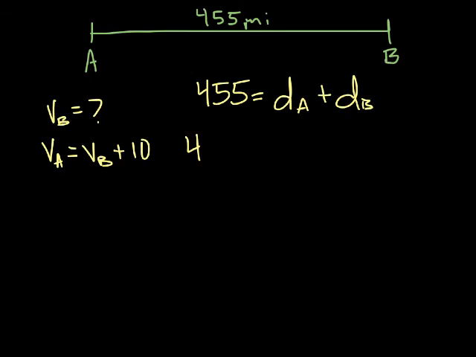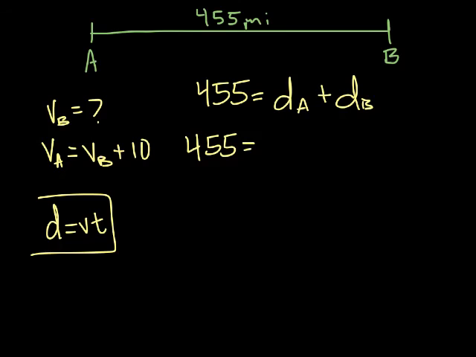So what I'm going to do from the distance time speed formula, I'm going to substitute in a little bit for that. So my total distance of 455, for the distance of car A, I know that it's going to be his speed times the time. And for the distance of car B, I know that's going to be car B's speed times the time.